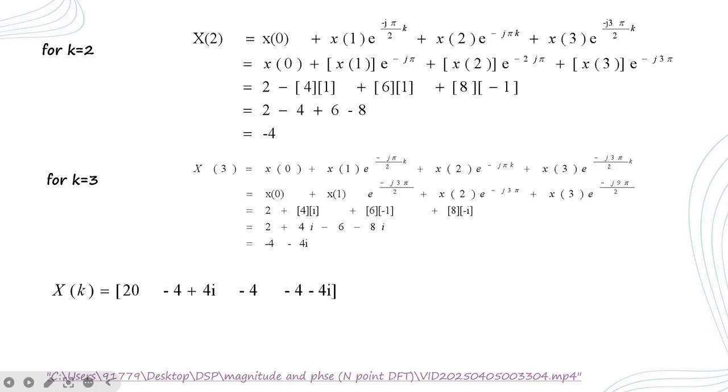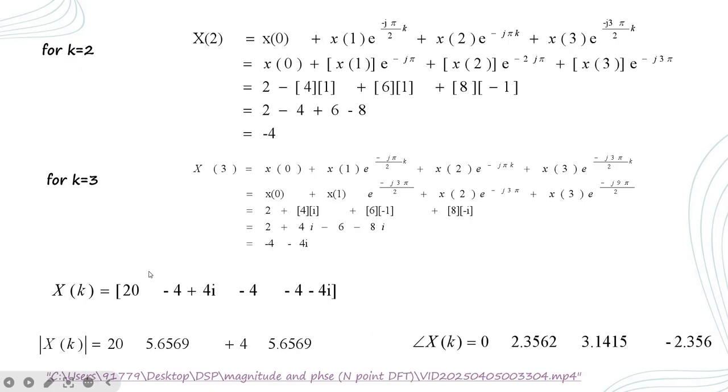Now you have to calculate the angle and magnitude for these by using your calculator. So when you solve for that using your calc, the magnitude for 20 is 20. For minus 4 plus 4i you will get it as 5.6569 as the magnitude. Then for minus 4 magnitude is plus 4, and for minus 4 minus 4i the magnitude is 5.6569.